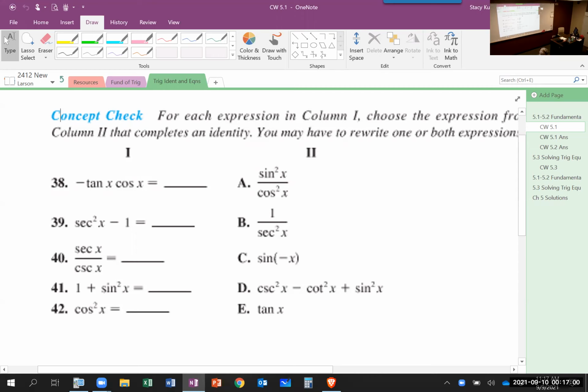These aren't going to be quite as straightforward. Is there something else to turn it into this? This might be a two-step thing, not a one-step thing.